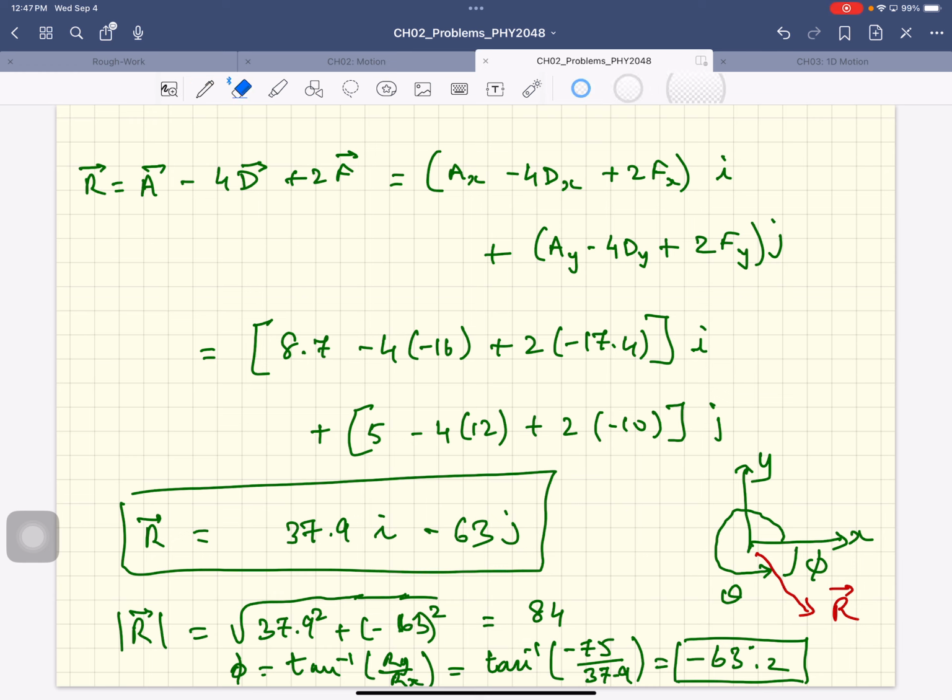All right, what is this? What is the magnitude? You guys can figure it out.